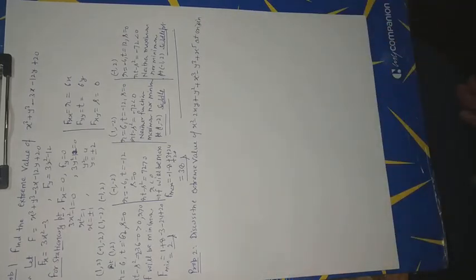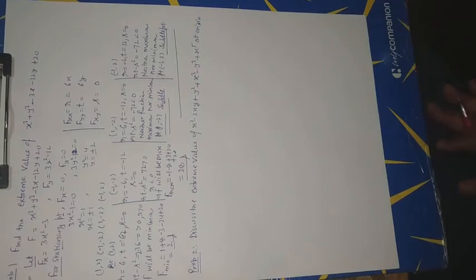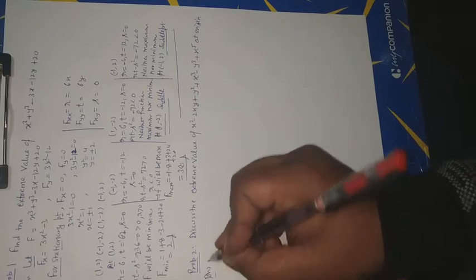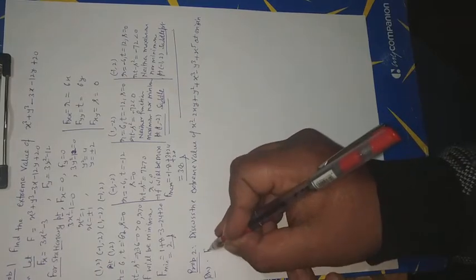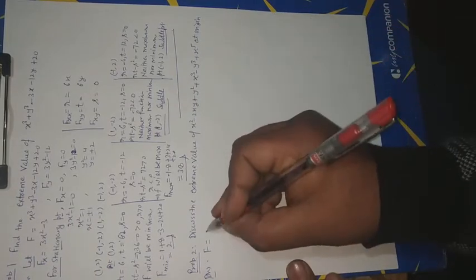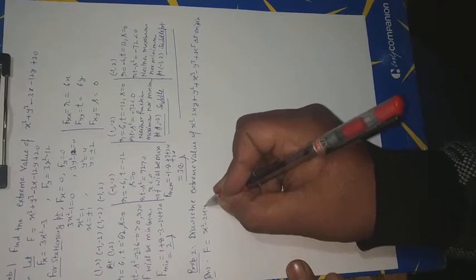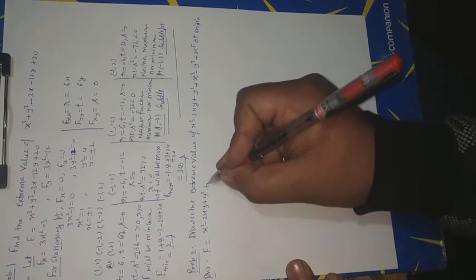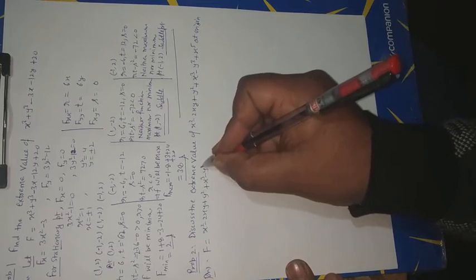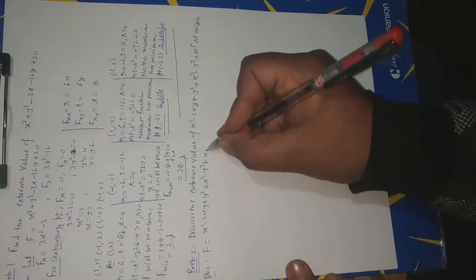This is the most important question for competition. Let us suppose that f is equal to x square minus 2xy plus y square plus x cube minus y cube plus x to the power 5.